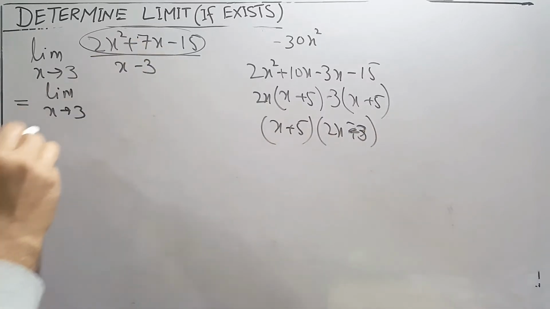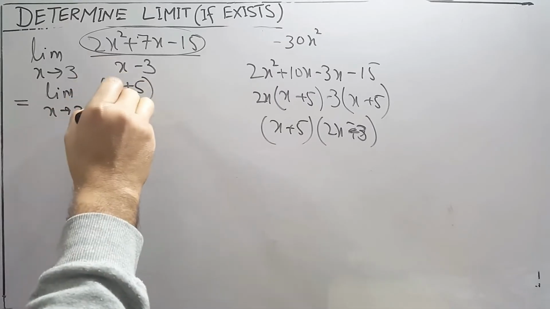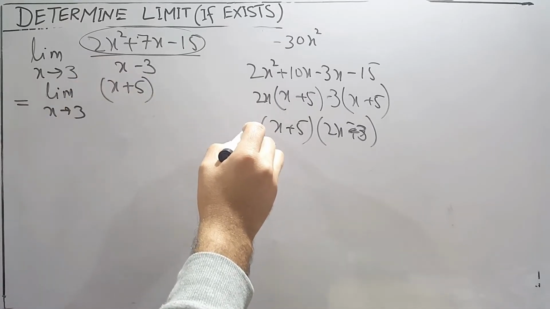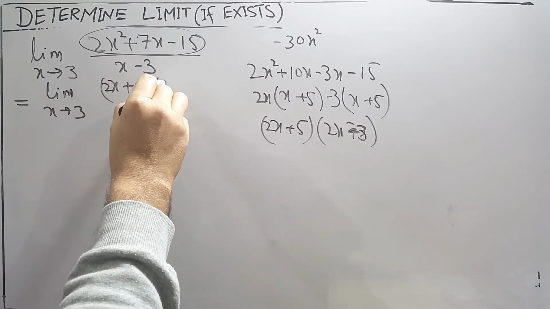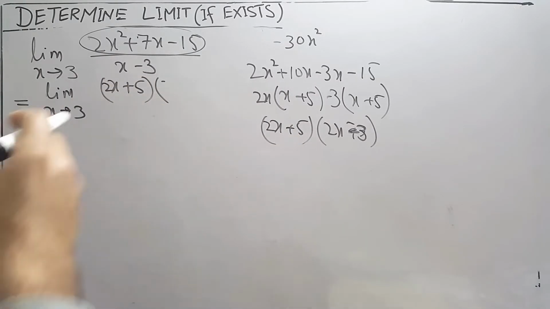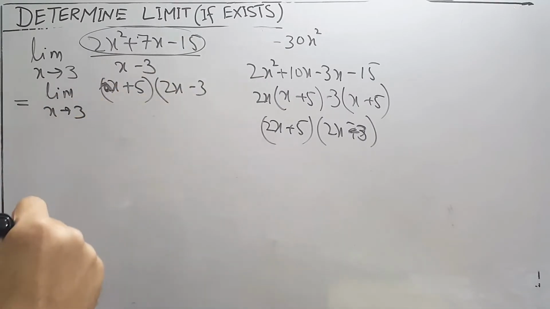So you can factorize it, and you can write this down as x plus 5 into 2x minus 3, if I am not wrong.